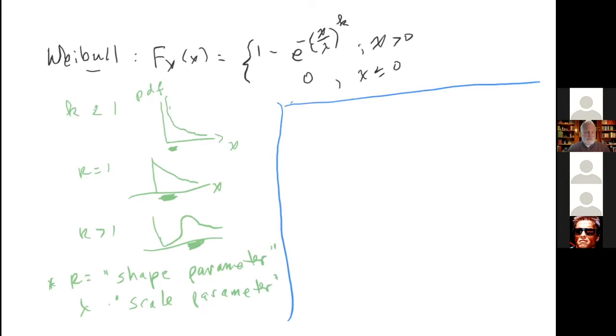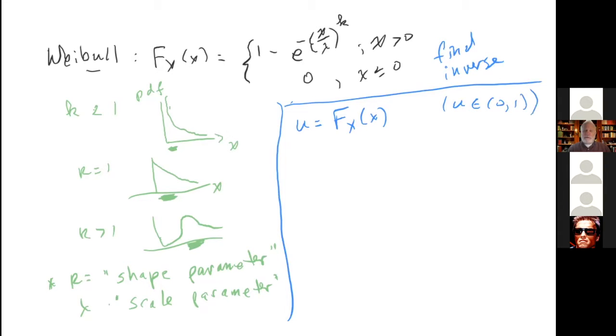In order to do this, we find the inverse, the functional inverse. To do that, we set the CDF equal to a parameter u, for u between 0 and 1.